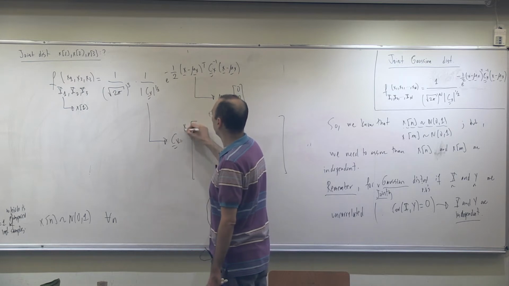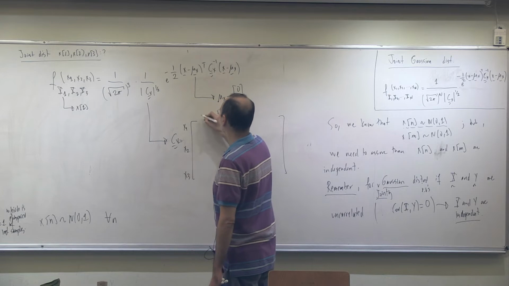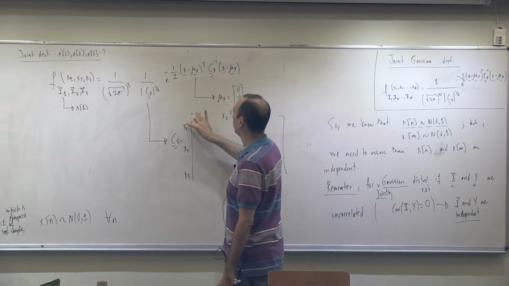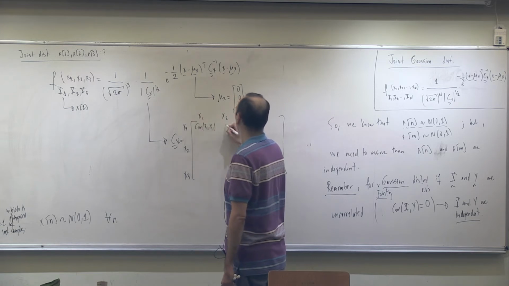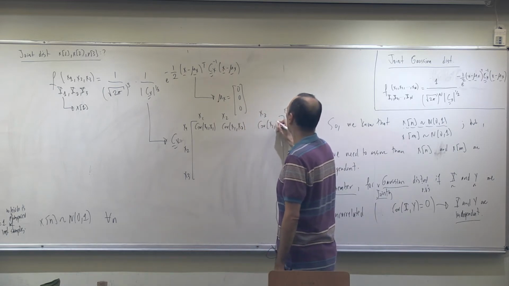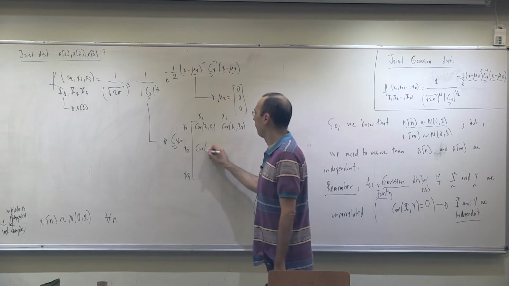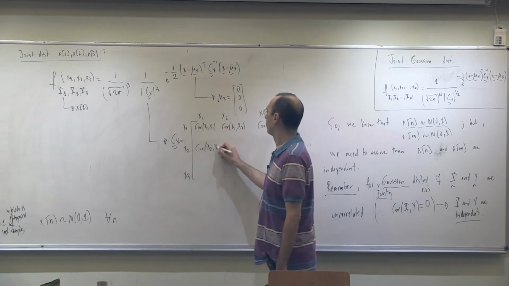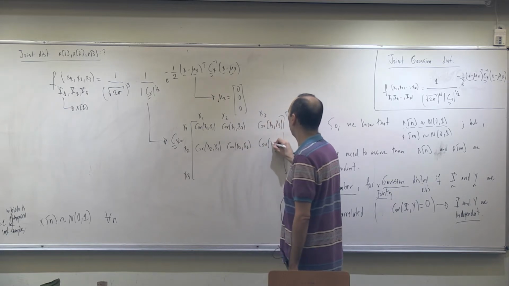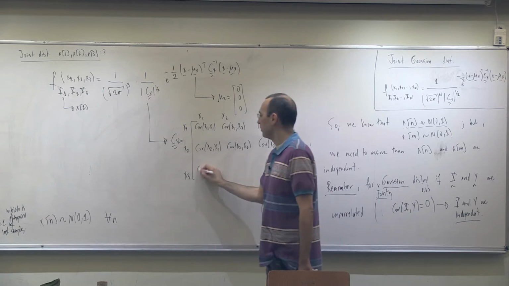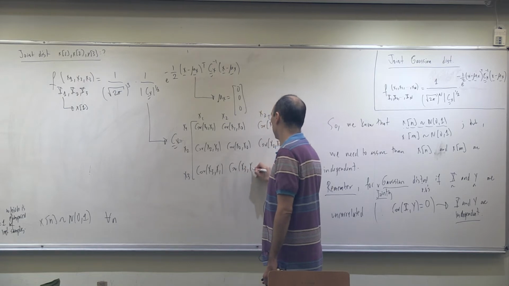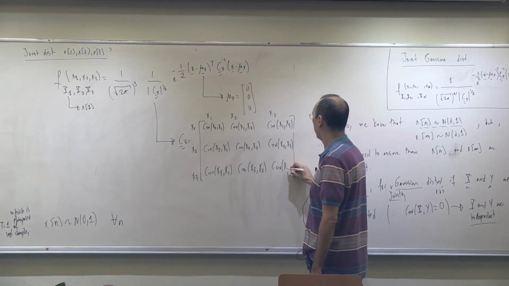If I write x1, x2, x3 over here and x1, x2, x3 over here, this becomes covariance of x1 and x1, covariance of x1, x2, covariance of x1, x3. Do you see this? Row, column. This is the definition of the Cx matrix, the covariance matrix for the 3 by 3 case.